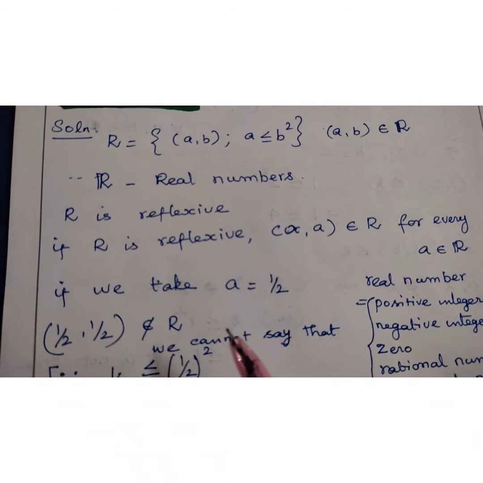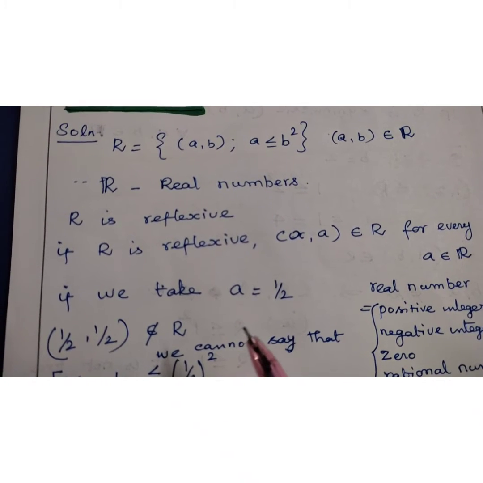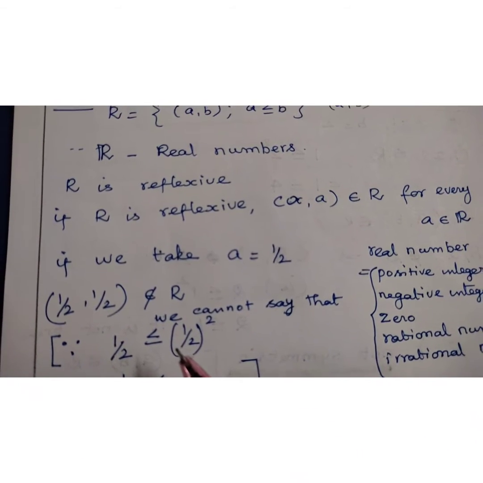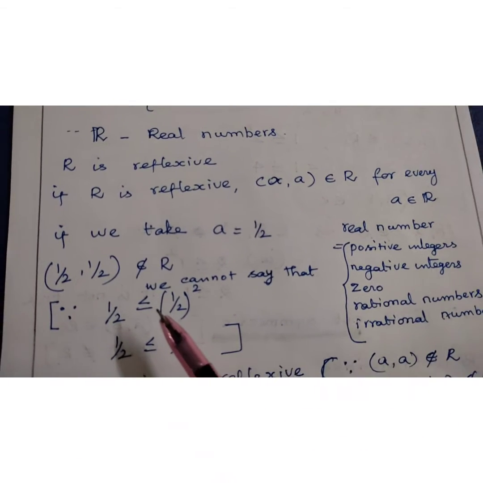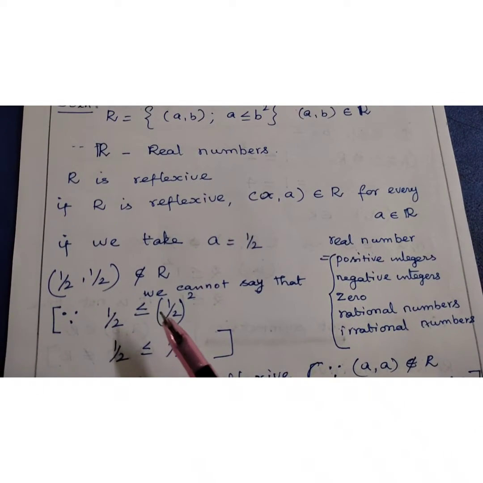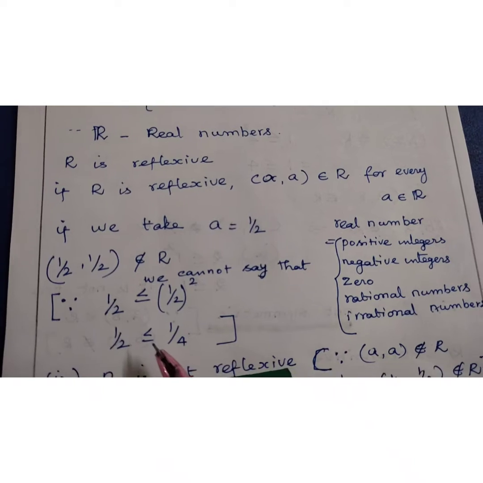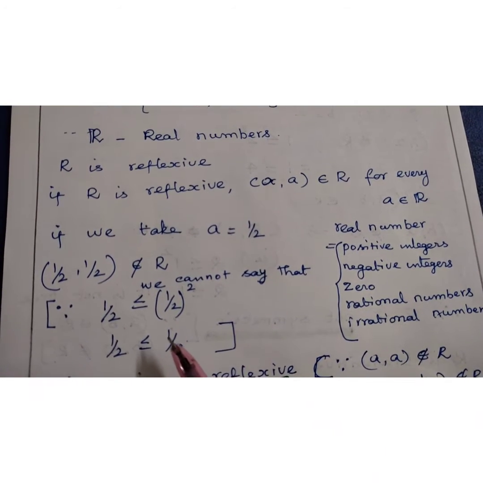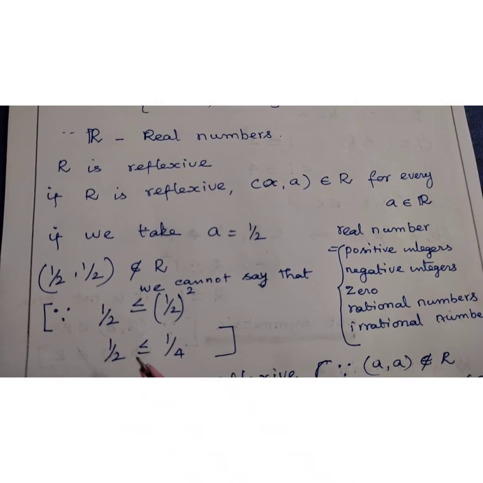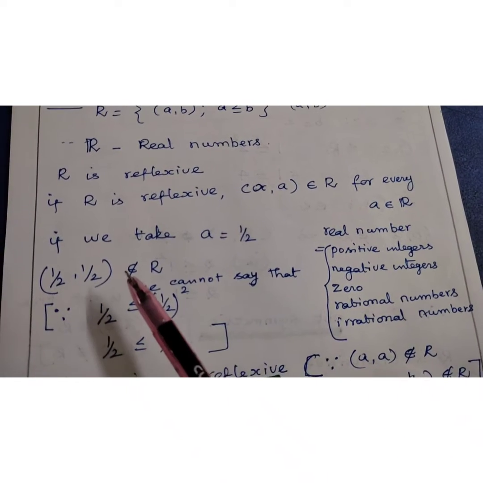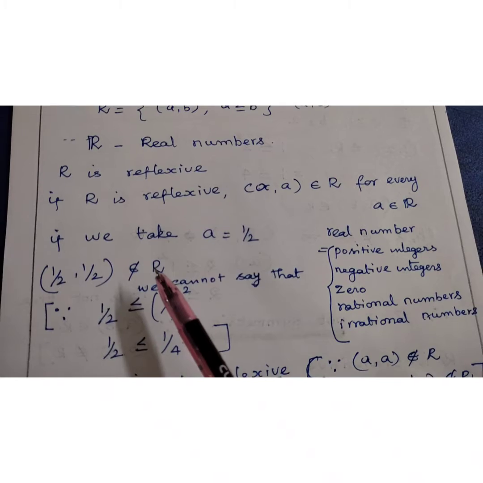Here a is half, again a is half. From the given condition, half less than or equal to half the whole square. That means half less than or equal to 1 by 4. We cannot say this statement because it is wrong. Therefore (half, half) does not belong to R.